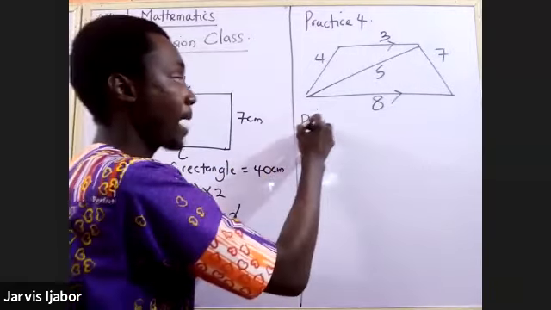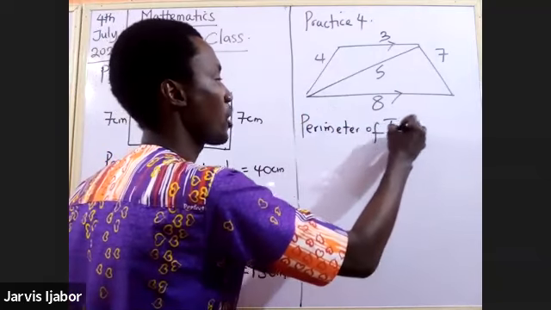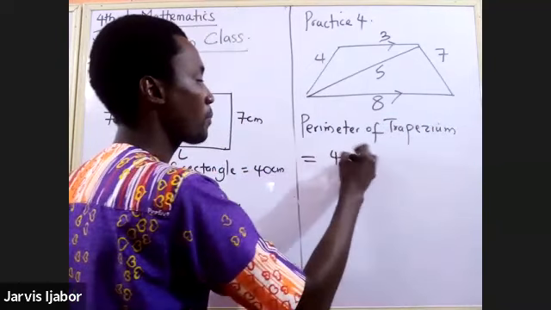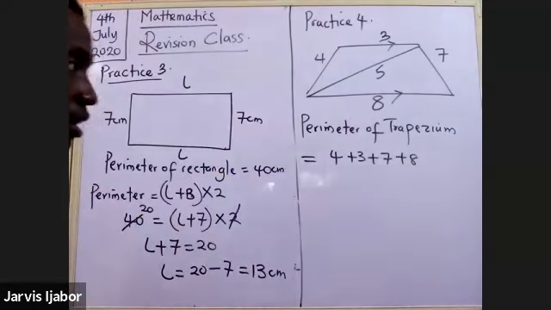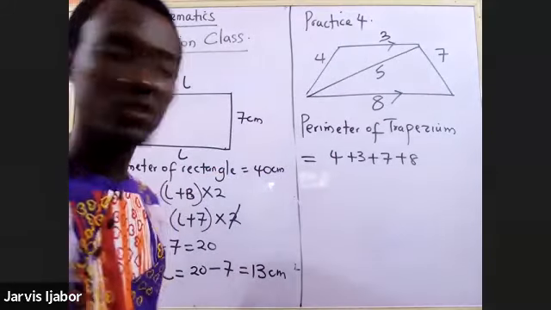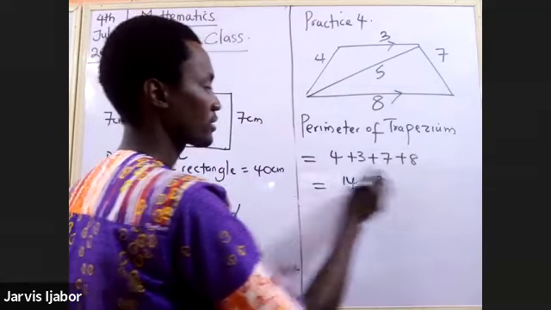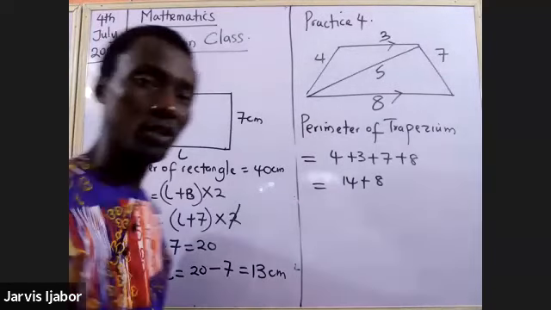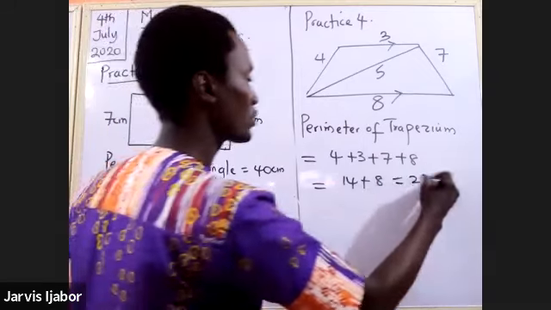So perimeter of trapezium will now be equal to 4 plus 3 plus 7 plus 8. That will be equal to 14 plus 8. 3 plus 4 is 7, plus another 7, that's 14, plus 8, and that will give you 22 centimeters.